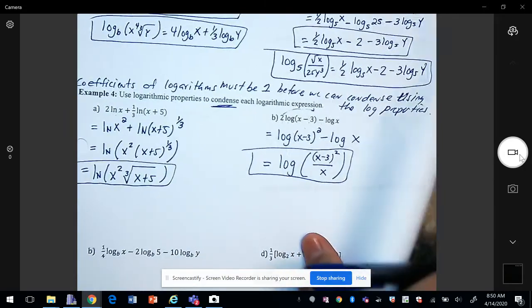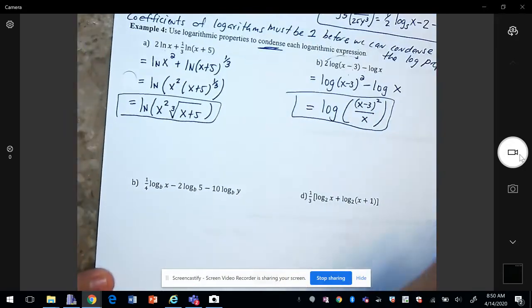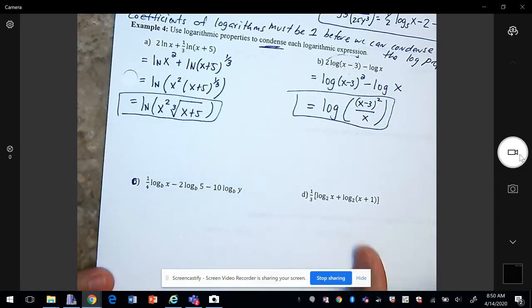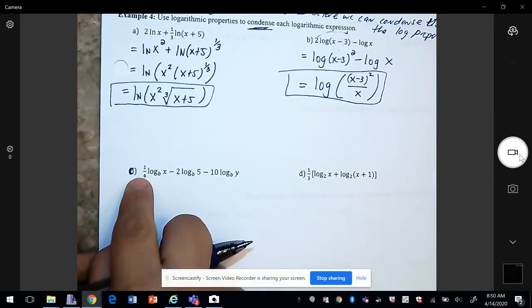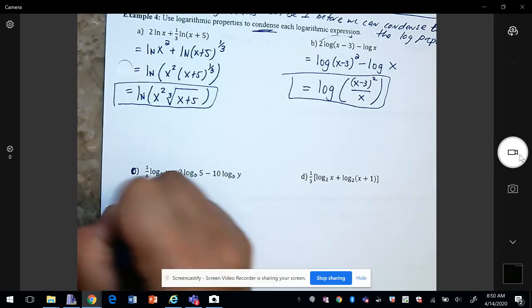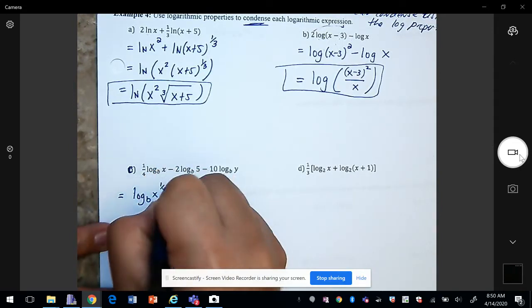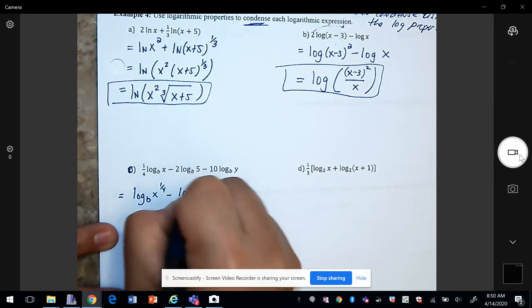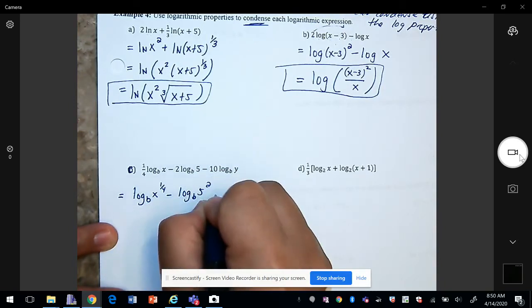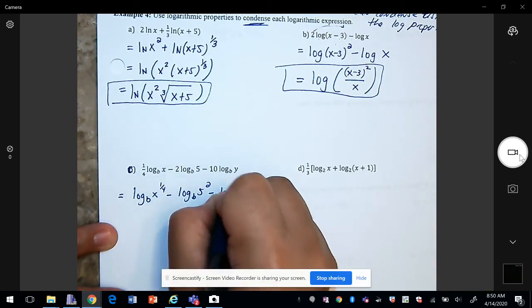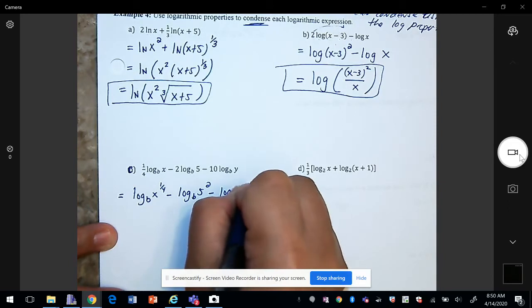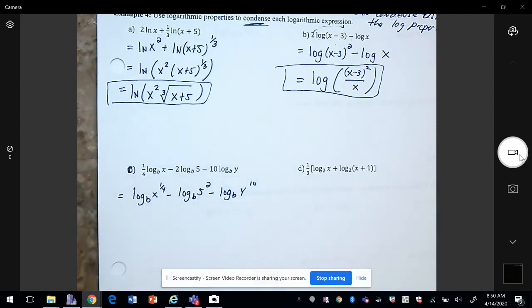Okay, let's try letter B, or I guess this would be letter C. So first take care of those coefficients. So I'm going to have log b of x to the 1/4 minus log b of 5 squared minus log b of y to the 10th power. Then we can combine 2 logarithms at a time.